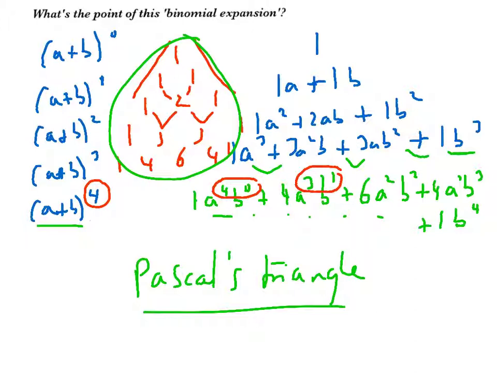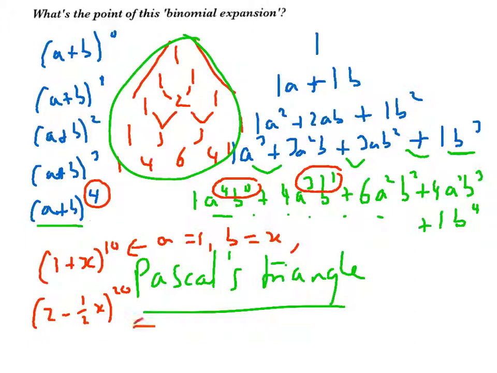So you could solve the expansion of, say it asks you to expand 1 plus x to the power of 10, or 2 minus a half x to the power of 20, just by subbing in, well, in this case a equals 1 and b equals x, and in this case a equals 2 and b equals minus a half x, doesn't it?